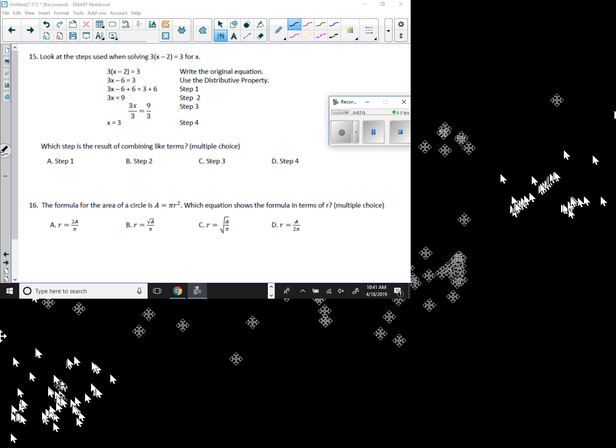So, okay, do you see up here, I'm going to highlight this because it says when solving. When you're solving it, like you're trying to get x by itself, right? So when you start solving, that's going to be step 1, 2, 3, 4.